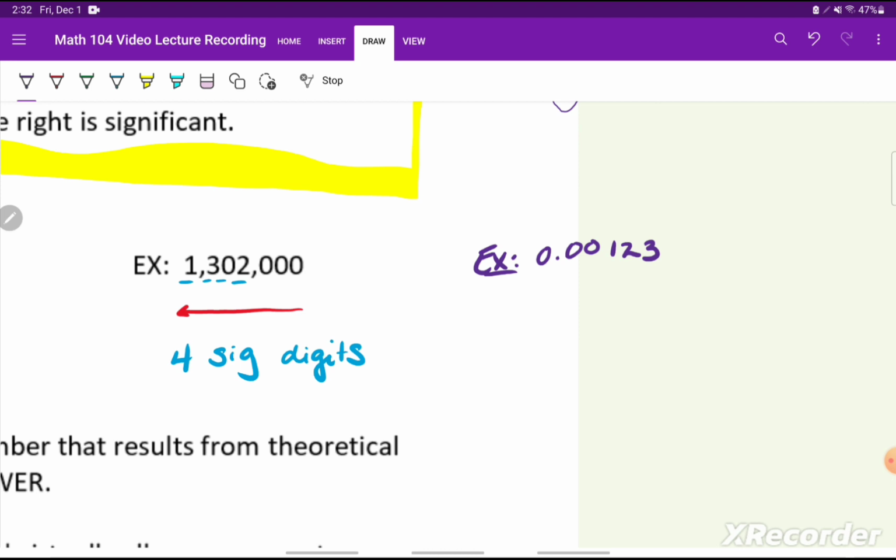I'm going to start on the Pacific side, which is the left side, and work my way right. And I'm going to start counting significant digits at my first non-zero number. So coming in from the left, my first non-zero is 1, and then I'm going to count all those numbers to the right. This one's going to have 3 significant digits.